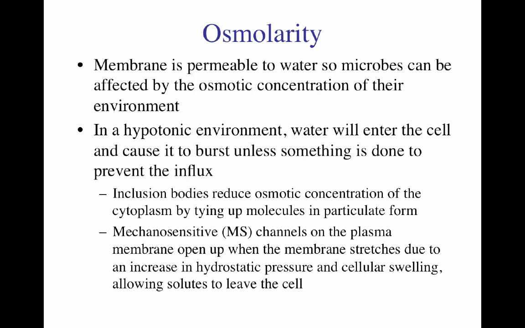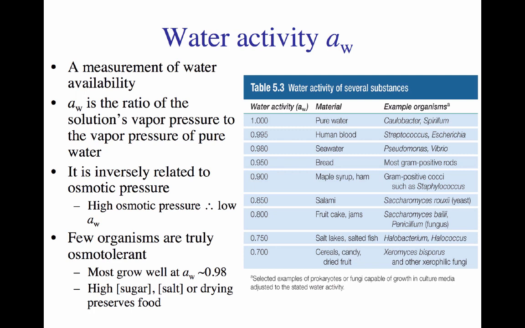But even at certain concentrations, those mechanosensitive channels and the changes in solutes are not always capable of helping the cell when the osmolarity of the solution changes. So this is when we talk about water activity. And water activity is a measurement of how much water is available to a cell in a particular environment. All the environments that we think about are aqueous in one way or another.